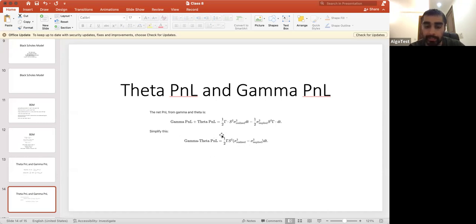This gamma theta PNL, what will this value be if these two are exactly the same? My realized volatility and my implied volatility. Zero. Okay? So think about it this way. Exactly, right? It's going to be zero.